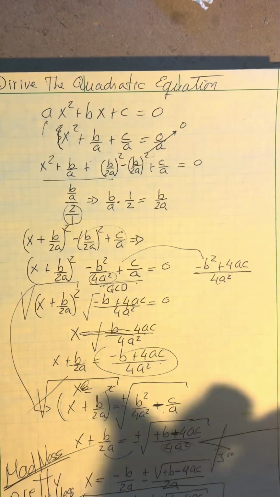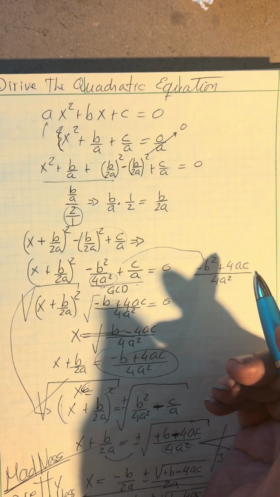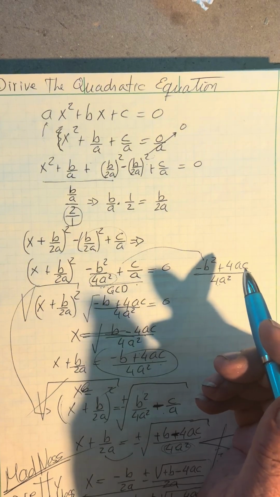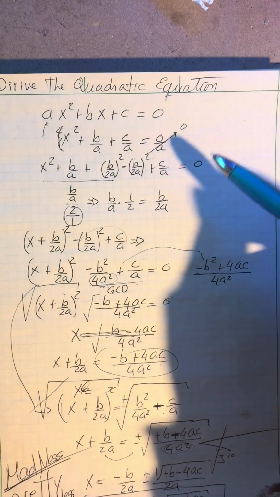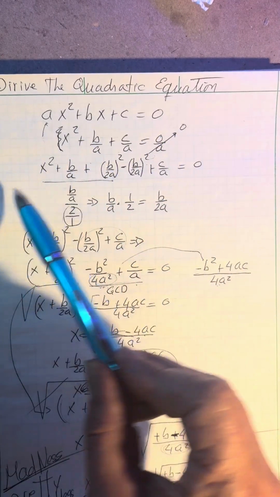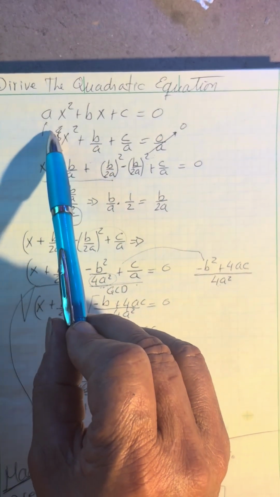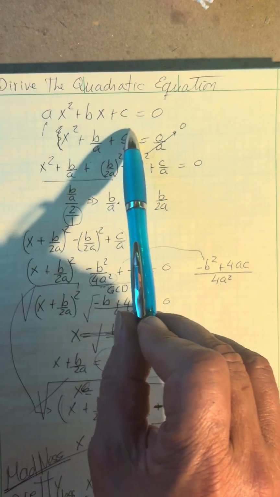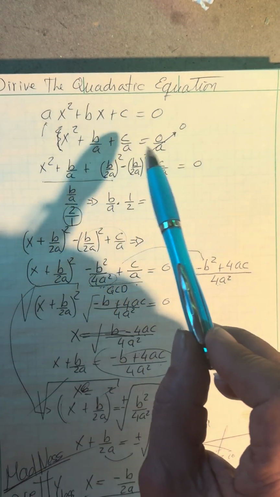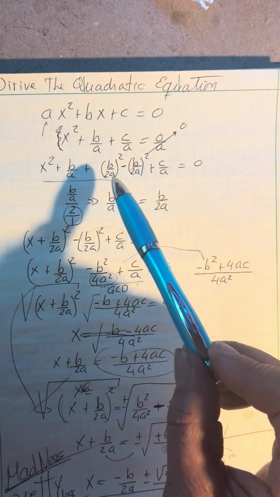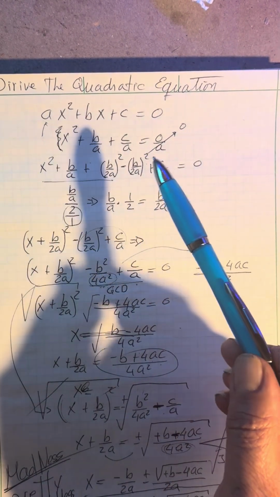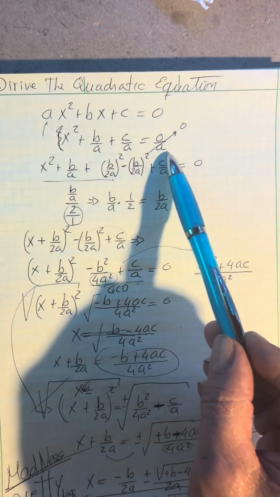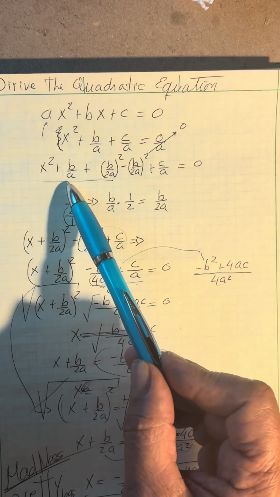If you didn't see that video, I suggest you go see it, unless we can go through this very fast. I'm basically writing the standard form of the trinomial polynomial, and I'm going to follow the finding the perfect square procedure, which means first we have to get rid of the a, so we divide everything by a, and that's what this looks like.